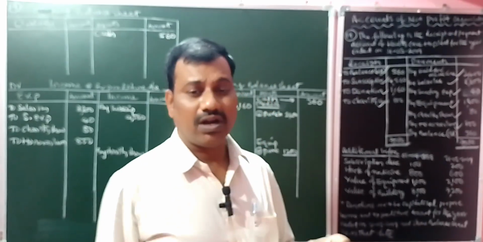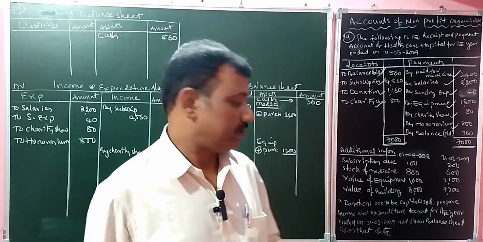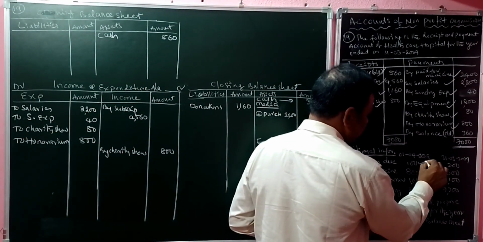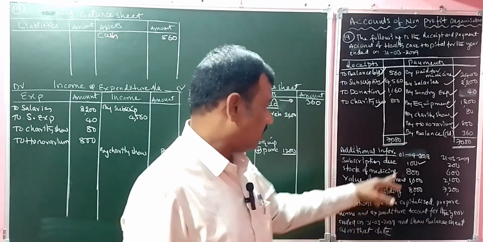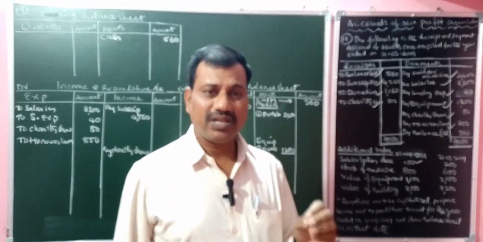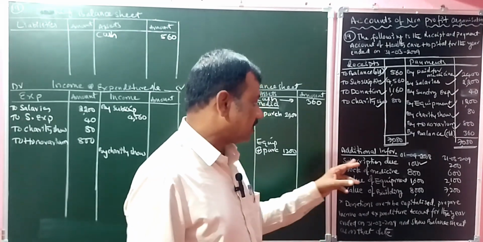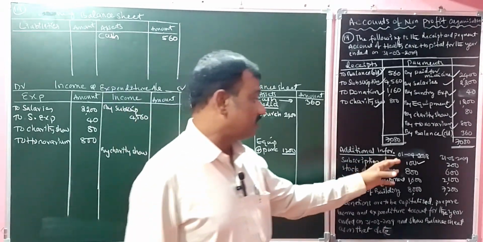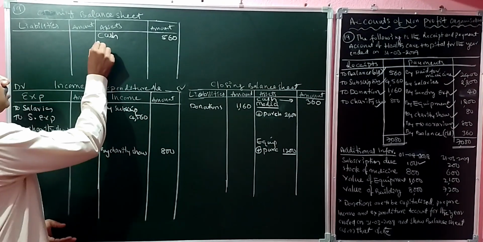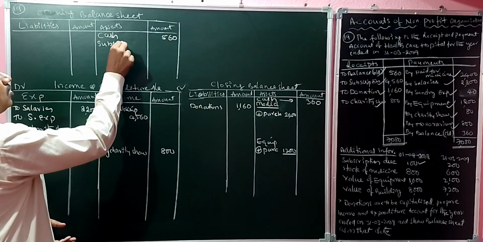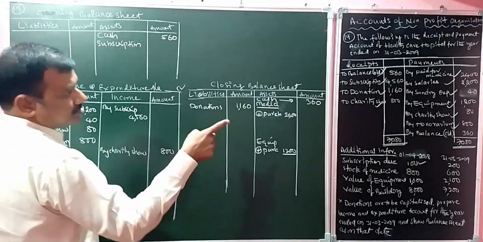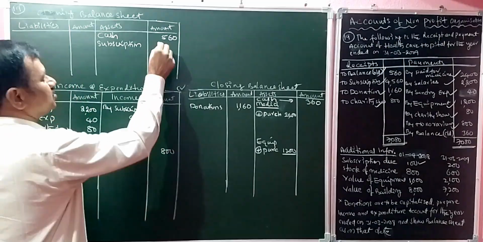Those items given in additional information are taken two times. First, subscriptions due on 1st April 2008, 100 rupees, are taken two times. The first time it is on the opening balance sheet asset side, subscription 100 rupees.